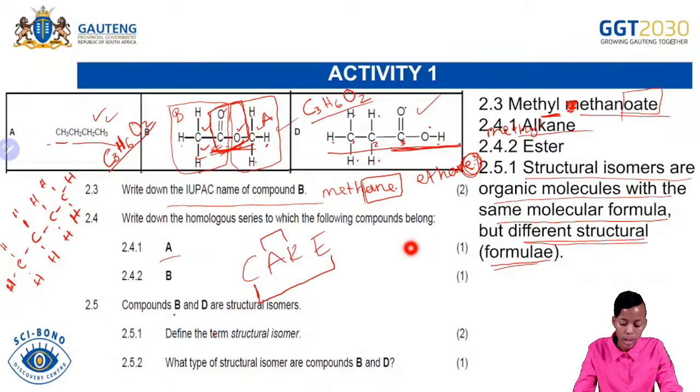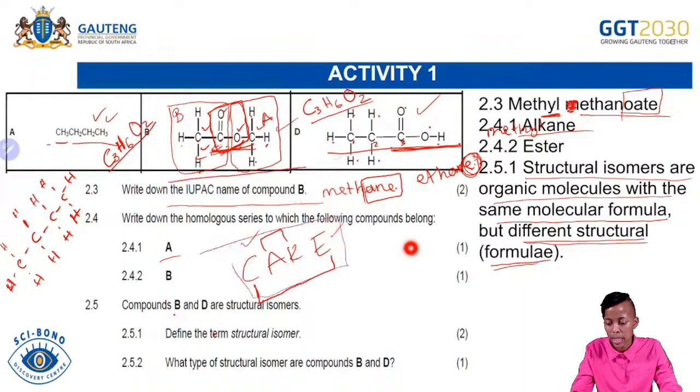Okay? So when it comes to this one, you were given both the carboxylic acid and the ester, and then you just had to identify. So where do you use the CAKE? You only use this whenever you have a functional isomer.